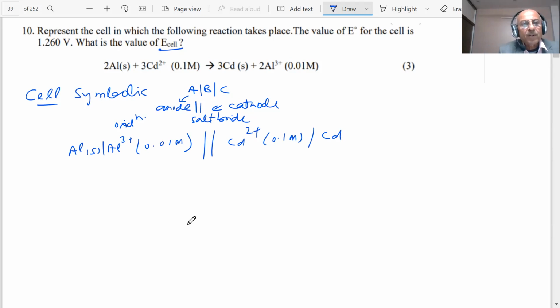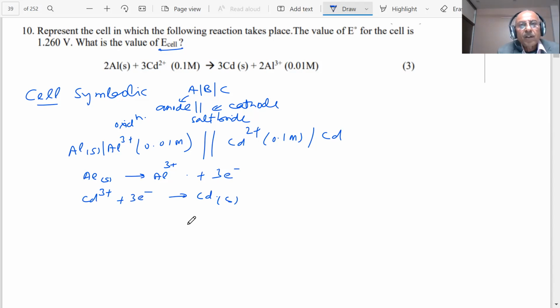And if we have to complete the reaction, how will we do it? Aluminium is undergoing oxidation. Okay, Al3 plus plus 3e. There will be 3 electrons. And what is happening, student? Cadmium is undergoing reduction. Cadmium 2 plus gets 2 electrons and you will get Cd solid.